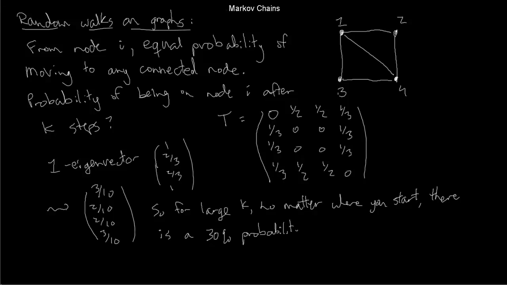There's a 30% chance of being on node 4, a 20% chance of being on node 2, and a 20% chance of being on node 3. Which kind of makes sense, given that there are 2 edges coming into node 2 and node 3, and 3 coming into node 1 and 4.